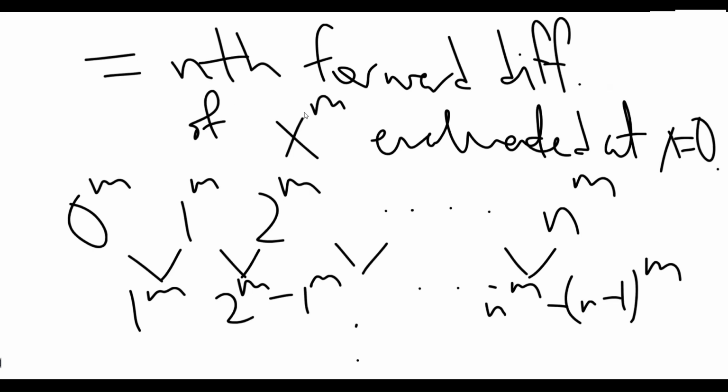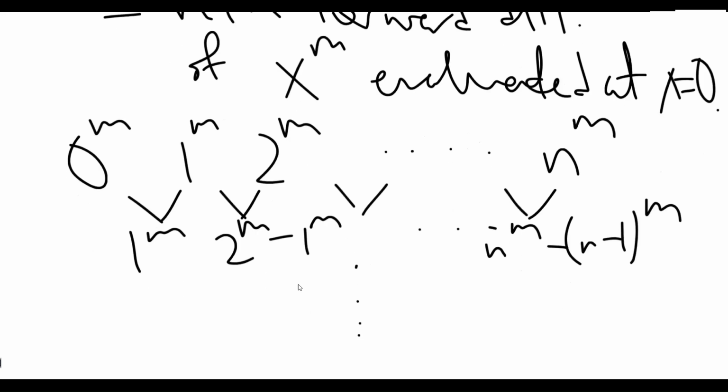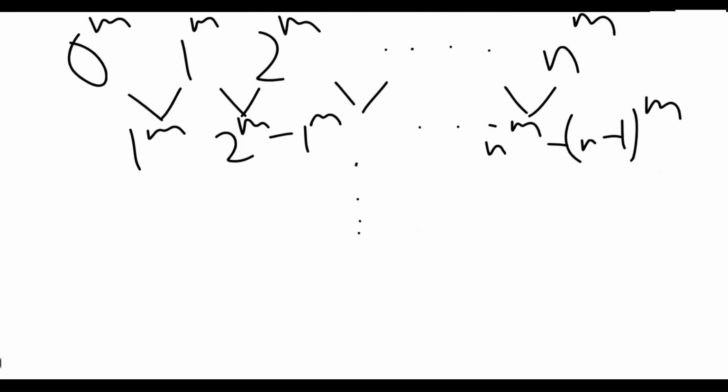So I'm going to take the difference at least one more time. So eventually I'm going to get a bunch of copies of m factorial. The number of copies of m factorial will be n plus 1 minus m, but that detail isn't too important. I'm going to have at least 2 copies of m factorial.